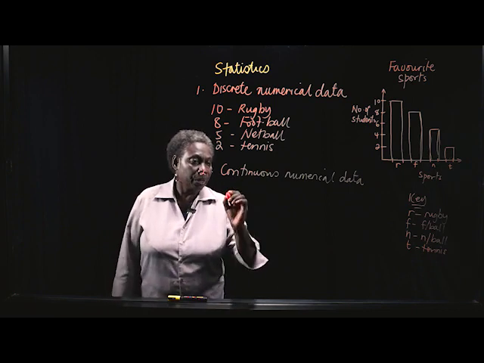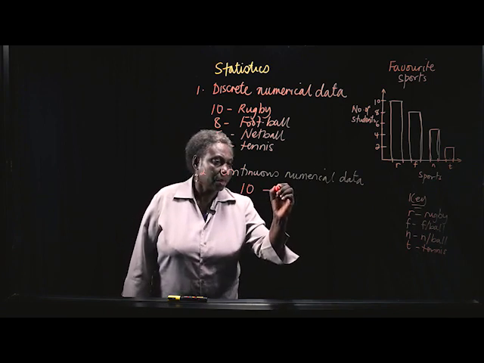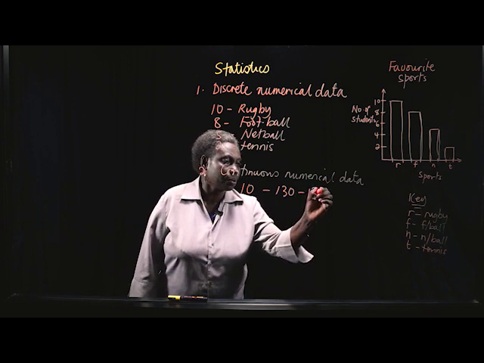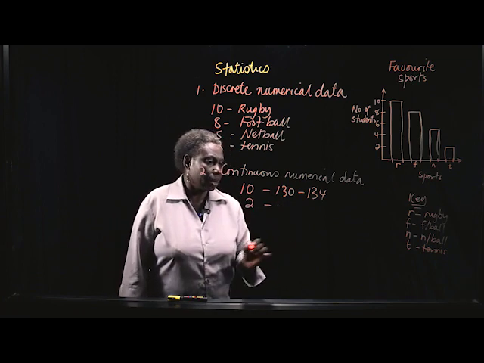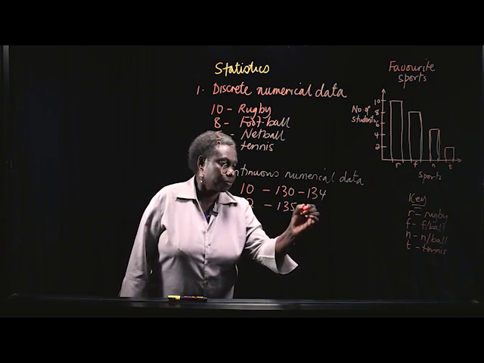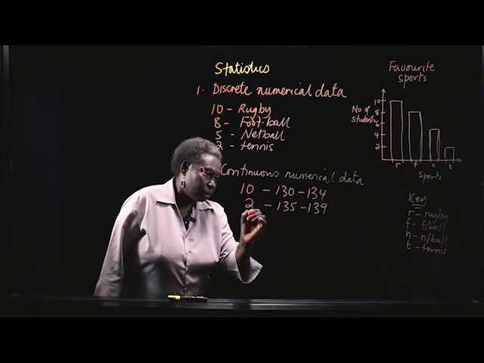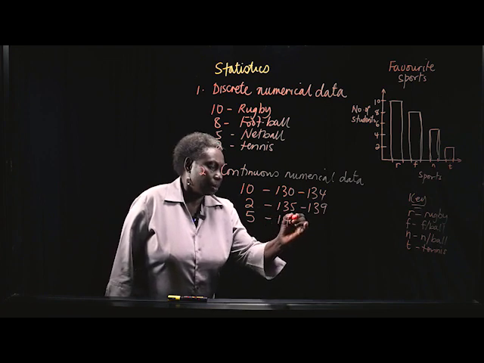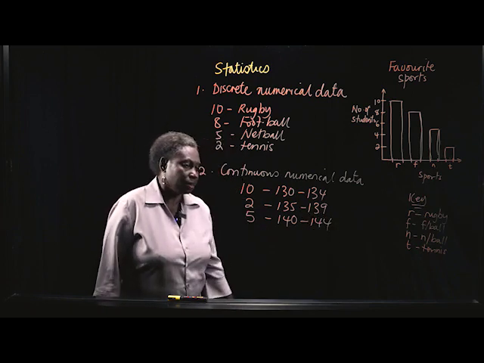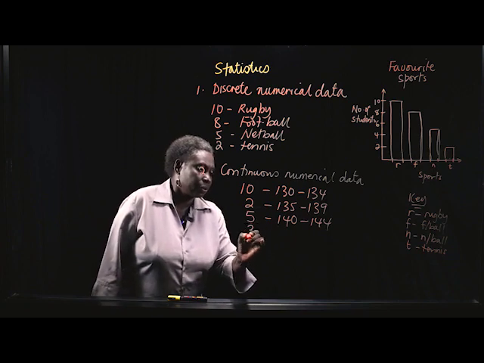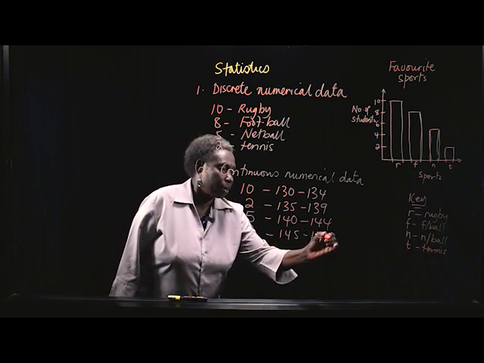So we had 10 students who had heights from 130 to 134, 2 students who had heights of 135 to 139, 5 students who had heights from 140 centimeters to 144 centimeters, and 3 students who had heights ranging from 145 to 149.